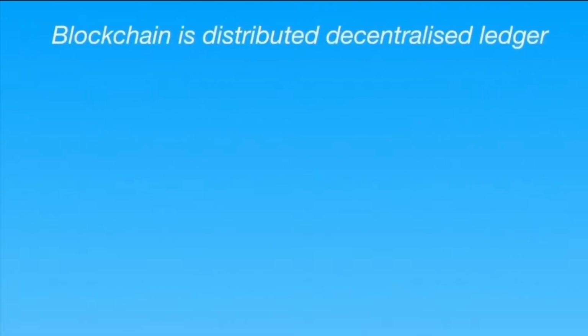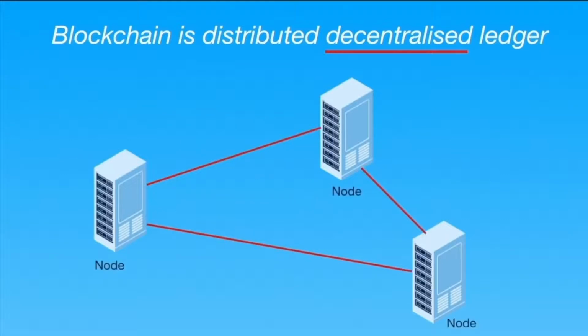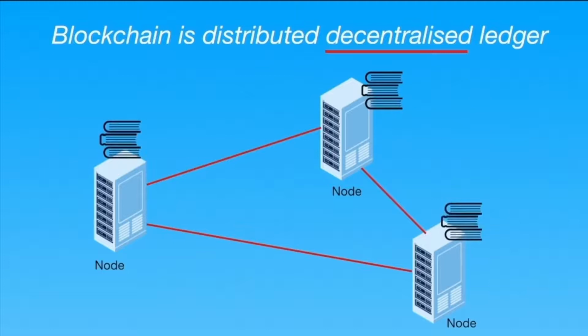Now let's try to understand the word decentralized. We have discussed the word distributed and the word ledger. The ledger we discussed till now is not restricted to a single entity. It is distributed across the various nodes in a distributed system, so each and every node has a copy of that ledger. As these ledgers are distributed across multiple machines, the information of the ledgers is secured via the use of cryptography.